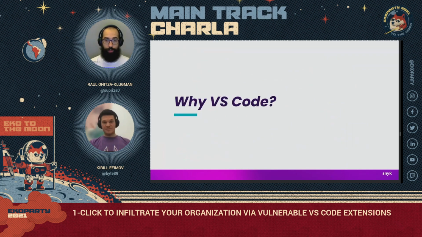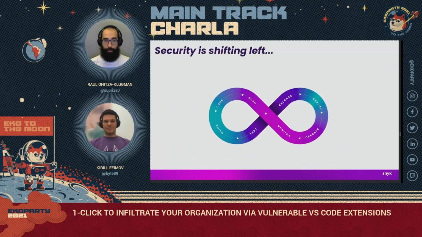So why did we choose Visual Studio Code? But before we can answer that, we need to ask ourselves a different question. Why even try to attack developers? So I guess we've all seen this SDLC diagram, and developers are actually starting to shift right in it.